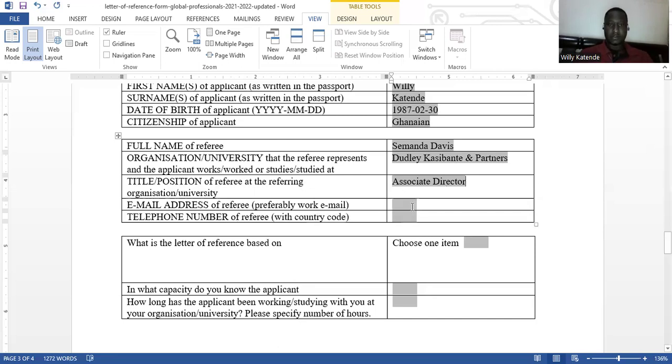Email address here. If you have a work email address, the better. So you can fill in the work email address.